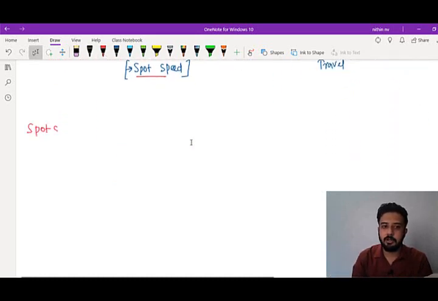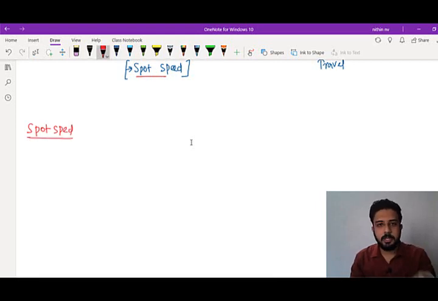Now we will see spot speed in detail. The definition we have already seen: the speed of that particular vehicle at that particular instant. We have many instruments to measure spot speed. If you are riding the vehicle and looking at the speedometer, you can understand your spot speed. But if you are riding and I want to know your speed, how can I check that?